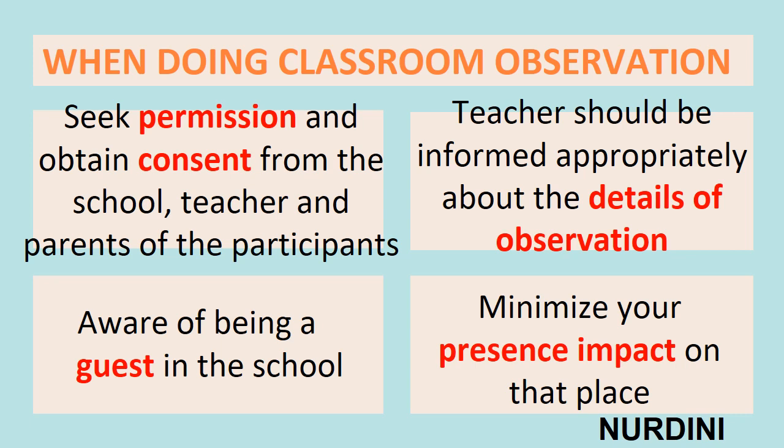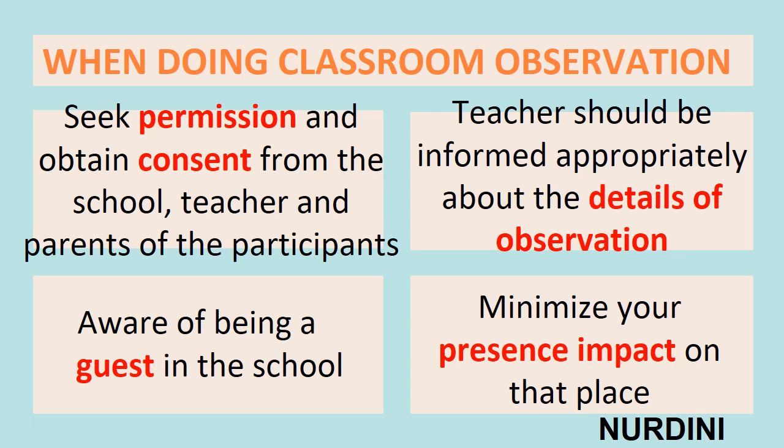The first one is we need to seek permission and obtain consent from the school, teacher, and parents of the participant if the participant is below 18 years old, which is for primary school and also secondary school. So, how are we going to seek permission from them? Good question.